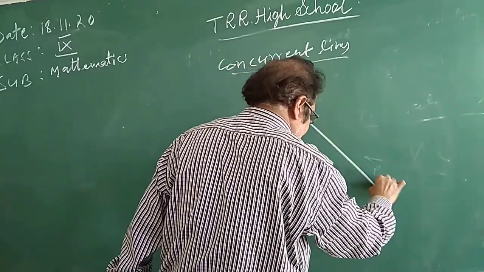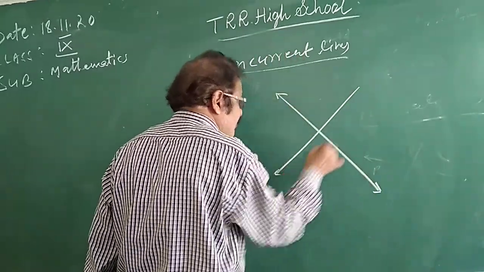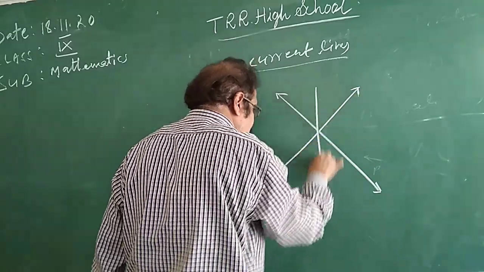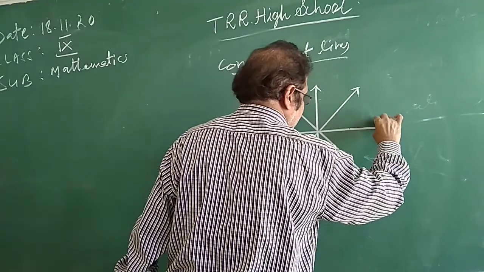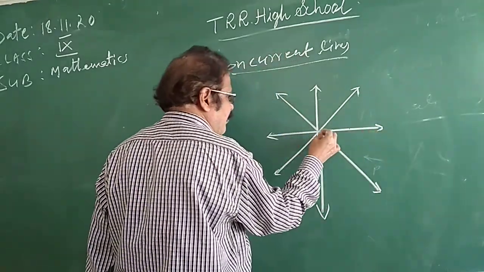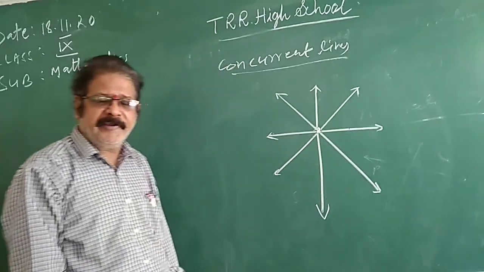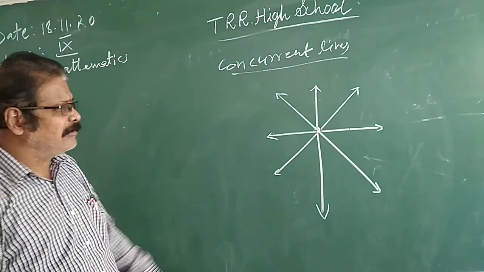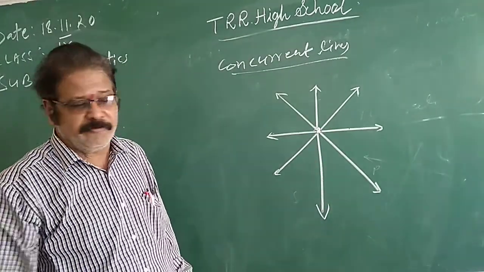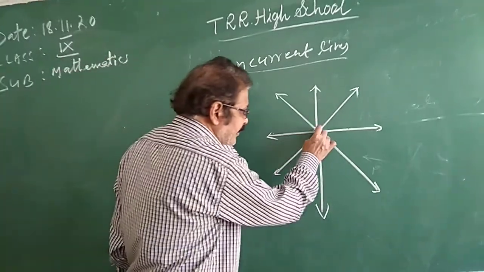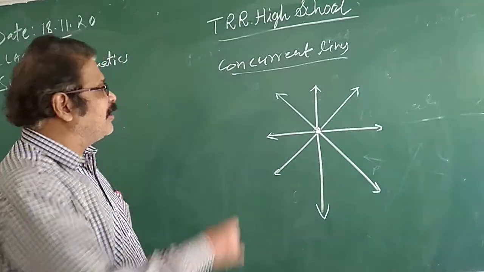This line, these two lines, one more line. So these are meeting at one point, one junction. All these lines are meeting at one point. They are called concurrent lines.